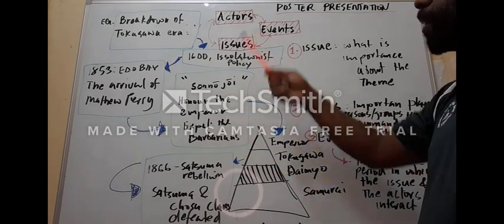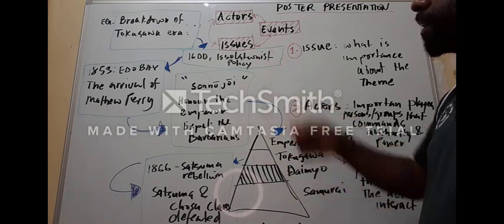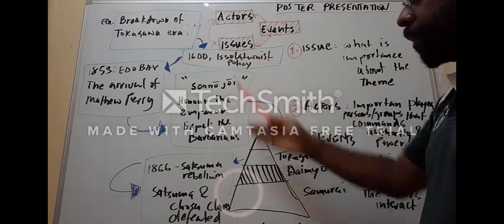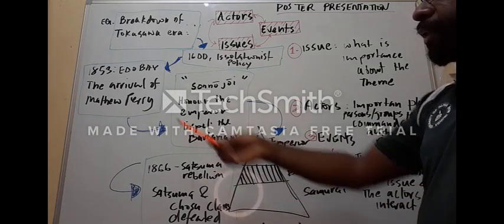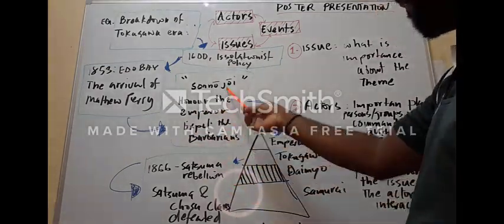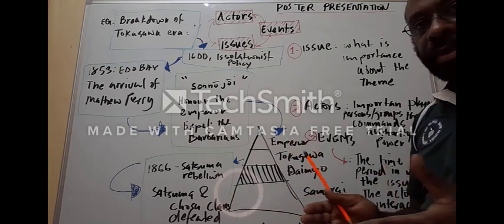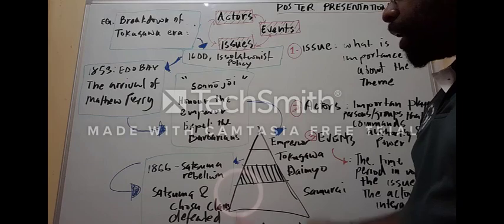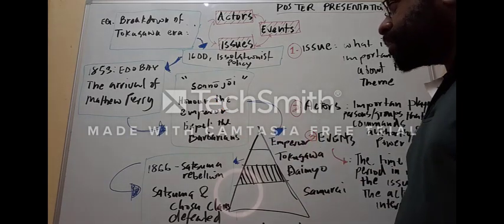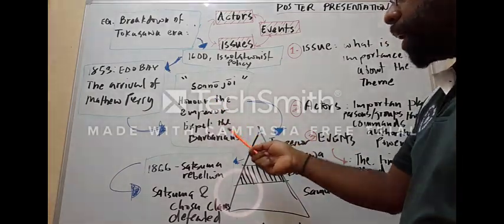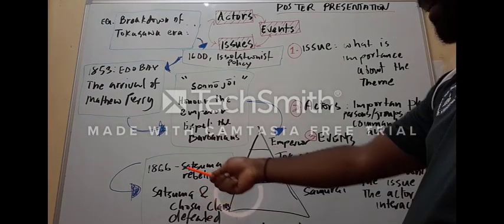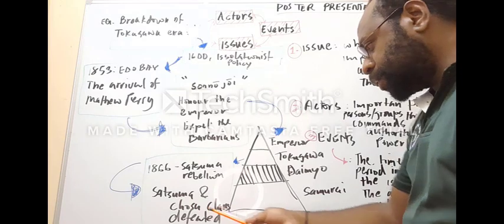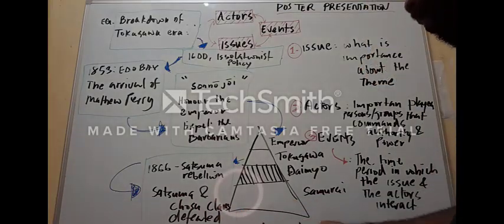I will be putting these events into the indicators as we go on, but I will just read through to map out the events. After the arrival of Matthew Perry, we have unrest and conflict as a result of foreigners coming into Japan. During the time, we have the theme called Sonno Joi in Japan, honor the emperor and expel the barbarians. And then in 1866, the Satsuma Rebellion, the Satsuma and Choshu clans defeated the Tokugawa shogunate.